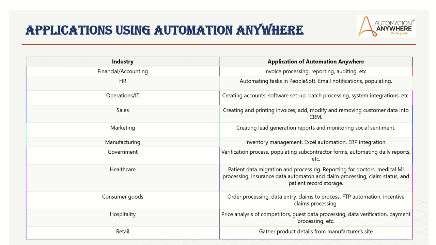Then sales: creating and printing invoices, modifying customer data in CRM. Healthcare, consumer goods, also hospitality: price analysis for competitors, guest data processing, data verification, payment processing, etc. In retail, gathering product details from the manufacturer side. There are more things I can discuss, but these are the major areas where Automation Anywhere is very reliable to use.